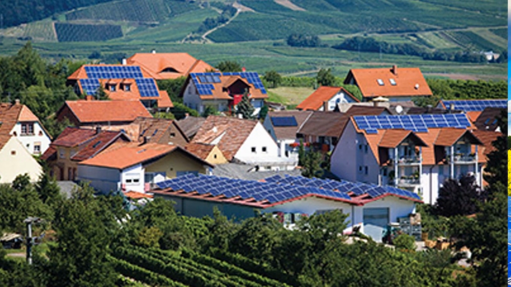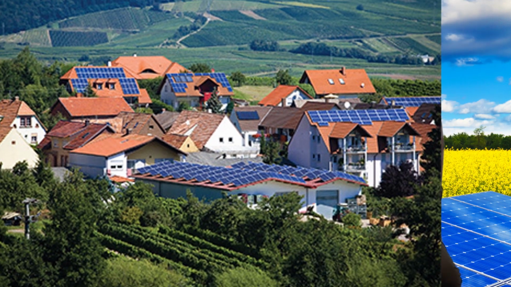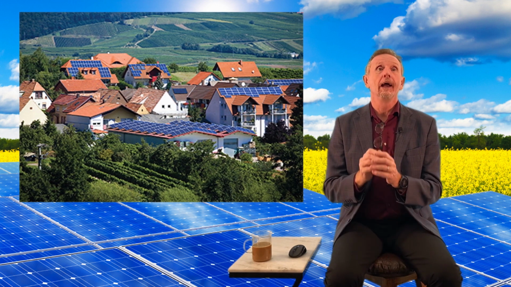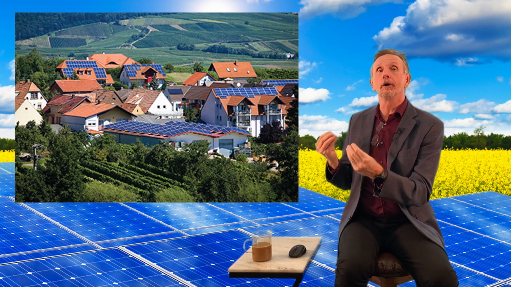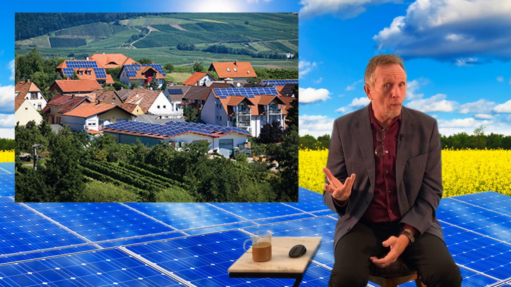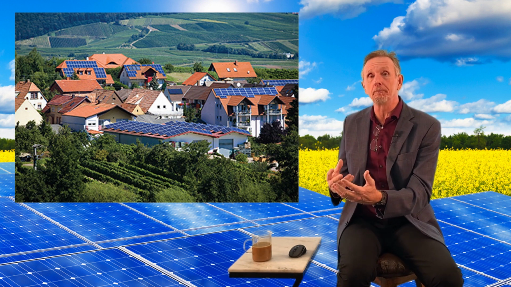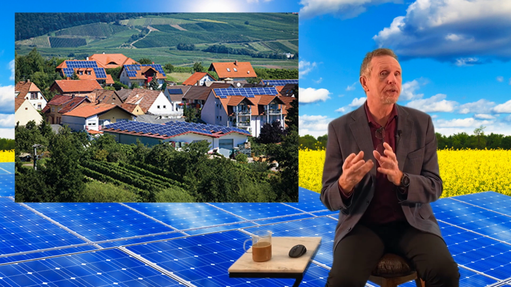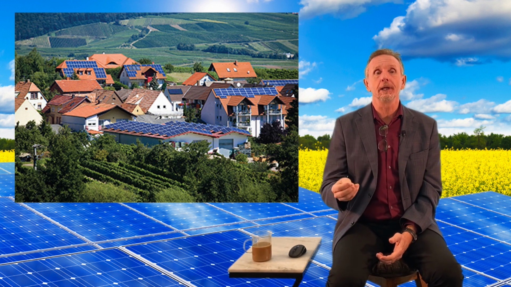For instance, if you look at the picture back here, this is a town in Germany, and everybody in that town has solar panels up on their houses, and they're getting the majority of their electricity from the solar power. It goes in and helps charge a battery, and then they have a smaller coal, oil, or natural gas plant as the backup. But this is providing most of the power to the village, and they're only using a fraction of the fossil fuels to continue it along.